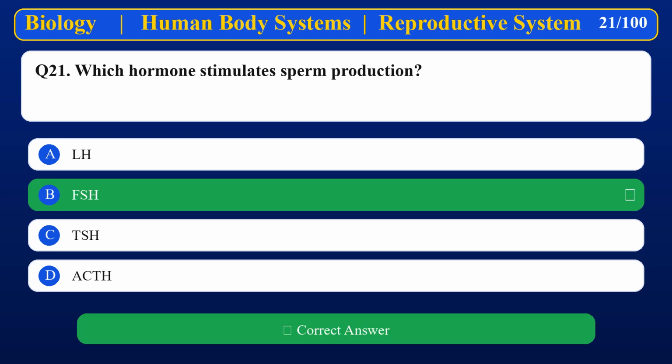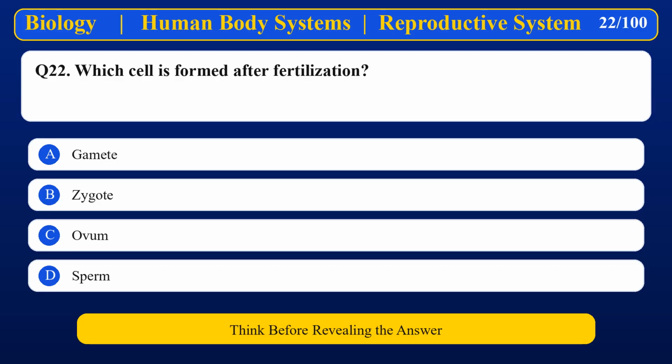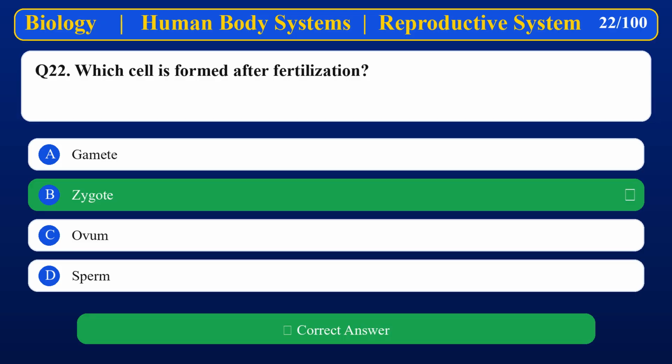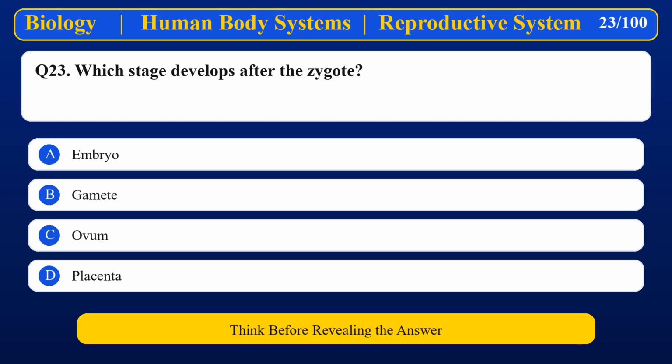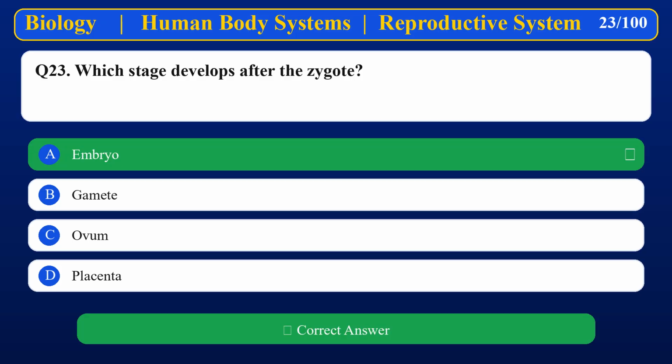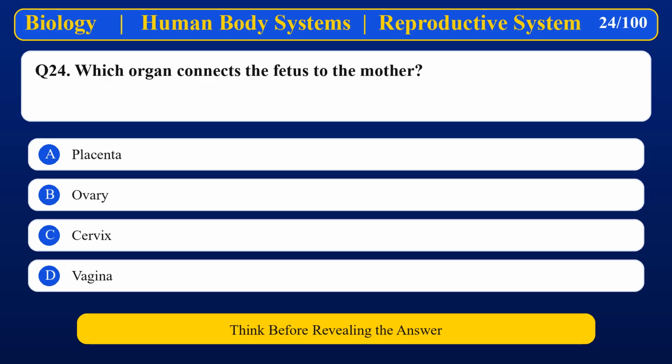FSH. Which cell is formed after fertilization? Zygote. Which stage develops after the zygote? Embryo.